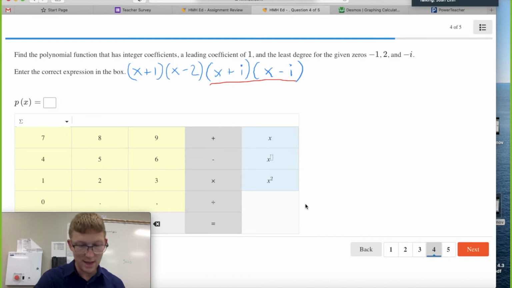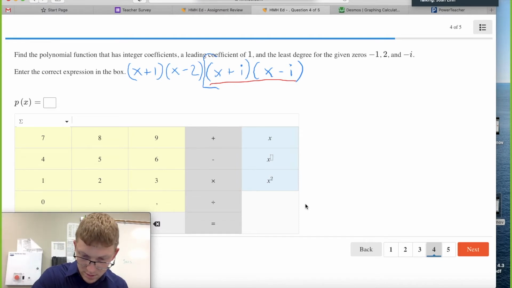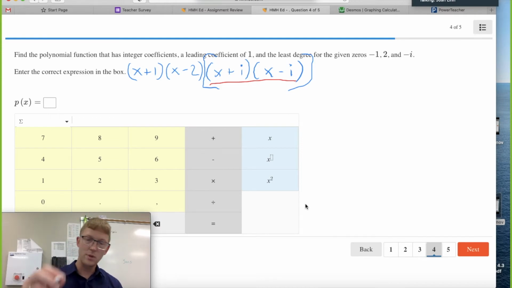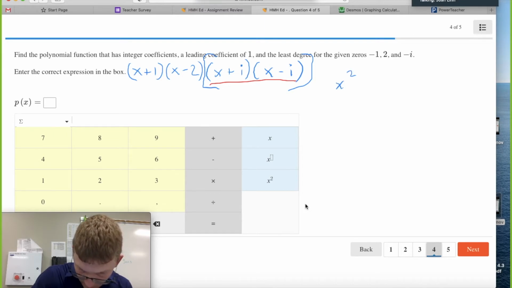Okay, let's continue. So there we've got that. We're going to start with these two because, again, we're hoping that a bunch of them cancel out, and we've got i's, so whenever you square them, they'll turn into -1. So let's do that. So we've got x squared, x times x squared, minus ix.